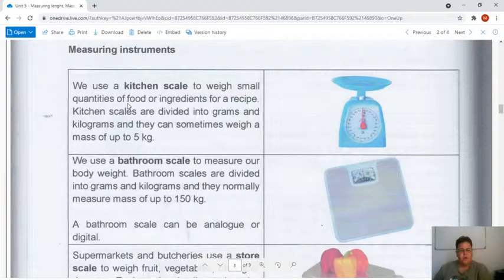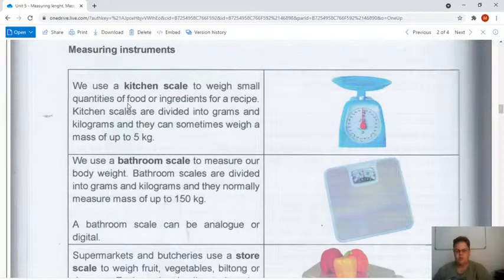Okay, measuring instruments. Now, we use a kitchen scale to weigh small quantities of food or ingredients for a recipe. Kitchen scales are divided into grams and kilograms, and they sometimes weigh a mass of up to 5 kilograms.